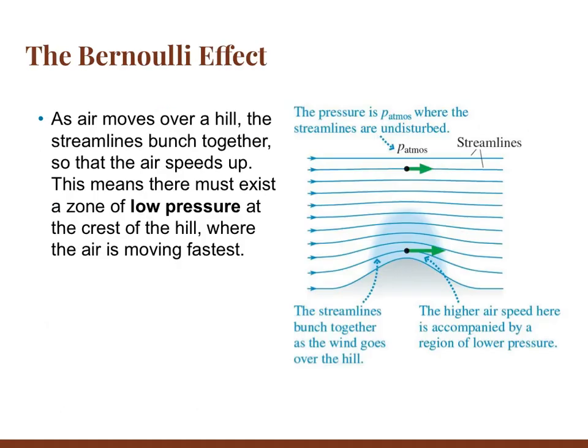So one consequence of the Bernoulli effect is that if there is a bump in a fluid where the area around the bump constricts the flow of fluid a little bit, that area right over the hill is going to be an area of lower pressure. So right over the little bump, there's some nice low pressure, which actually sucks up where the bump is, creating a little bit of lift.